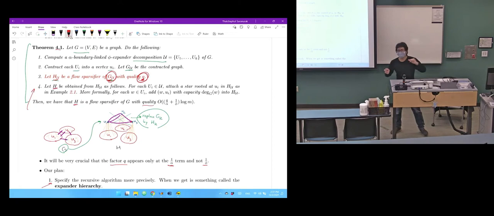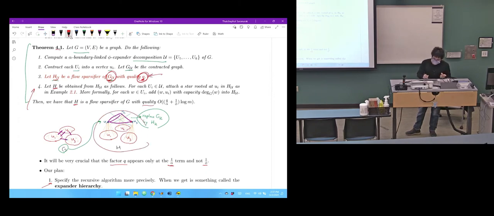Some guy just gave you a flow sparsifier HU with some quality Q that he doesn't say what it is. And now we ask, if this is Q, how bad is the whole thing? Okay, I got it.